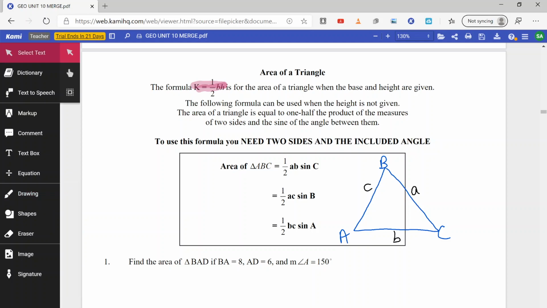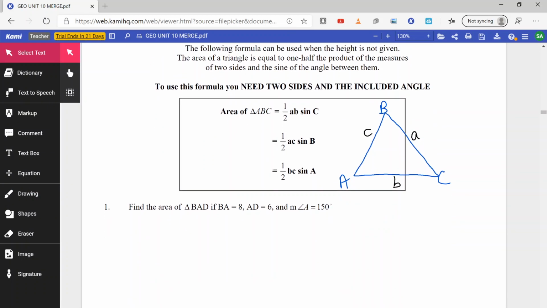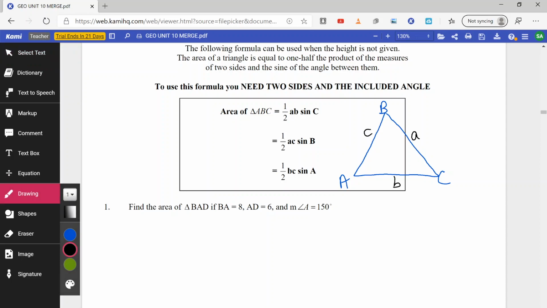So here in our first problem, we have triangle BAD with side BA is 8, AD is 6, and angle A is 150 degrees. So first thing we should do is draw a triangle and note the points B, A, D. Now it says B to A is 8. And from A to D is 6, and angle A is 150 degrees.